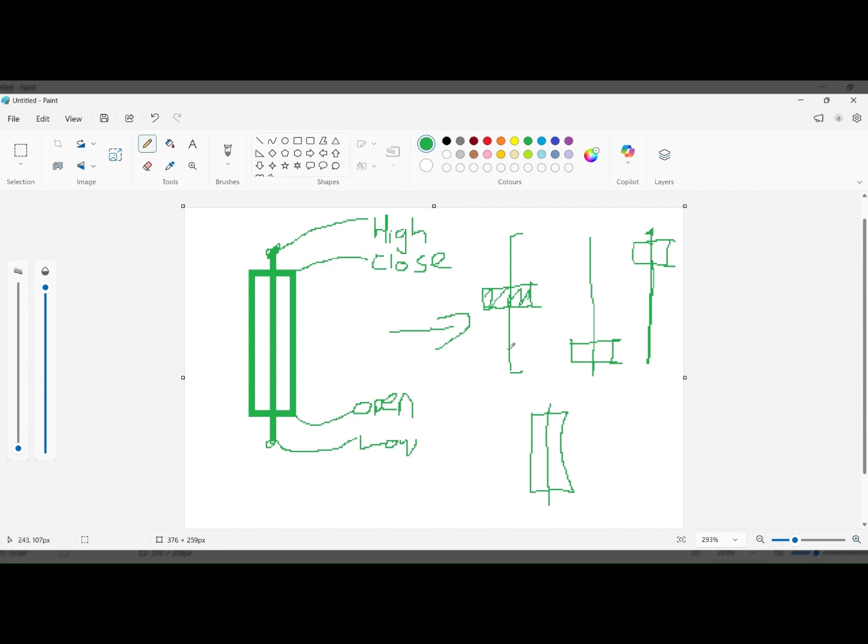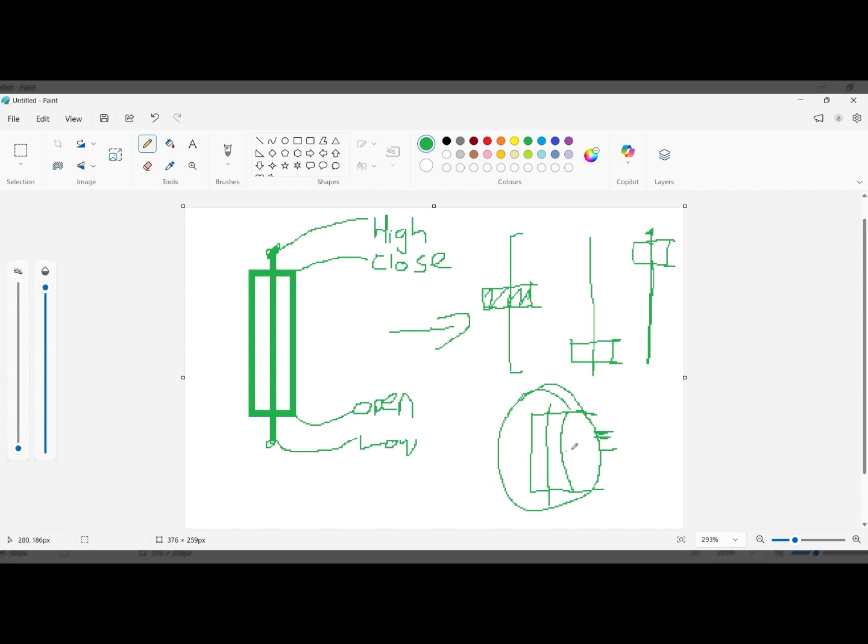It opened all the way at the bottom, pushed up and closed. The body is a little bit bigger than the other three bodies we just shared, and that is what tells you the bulls are in charge, right? I hope that you understand that.